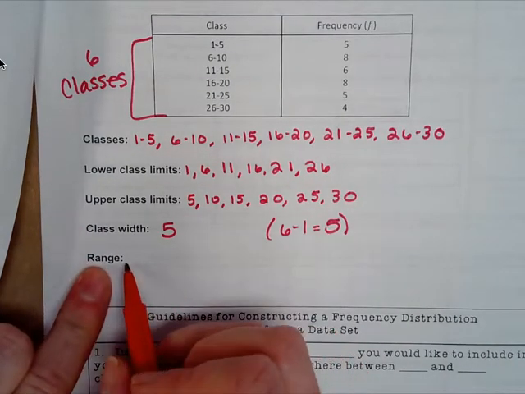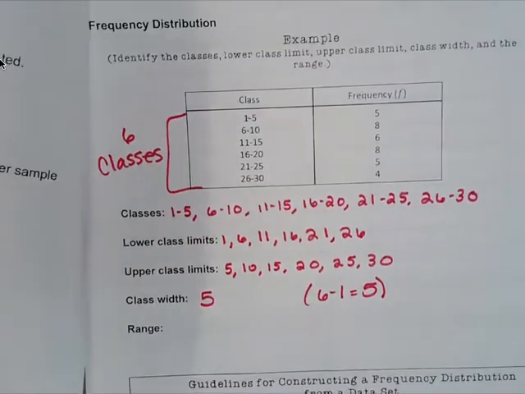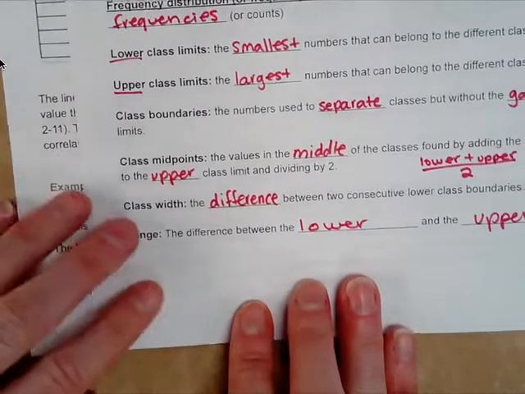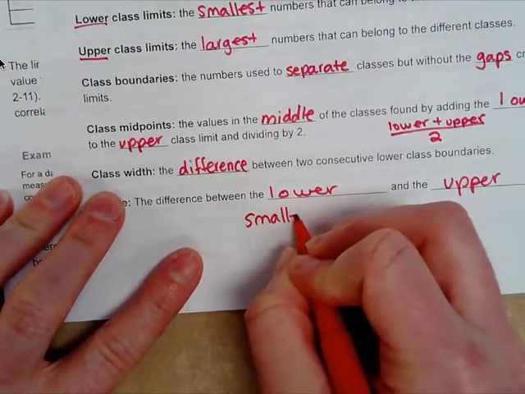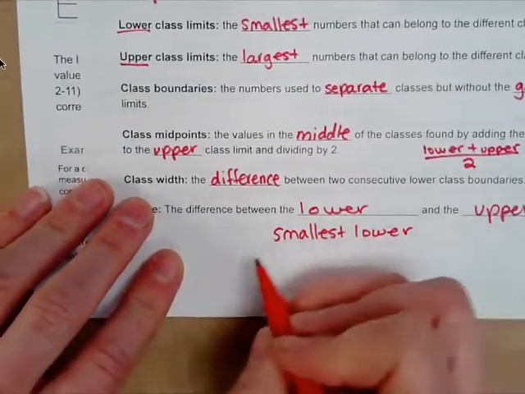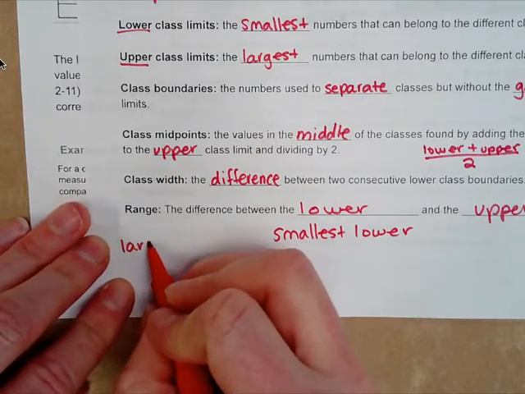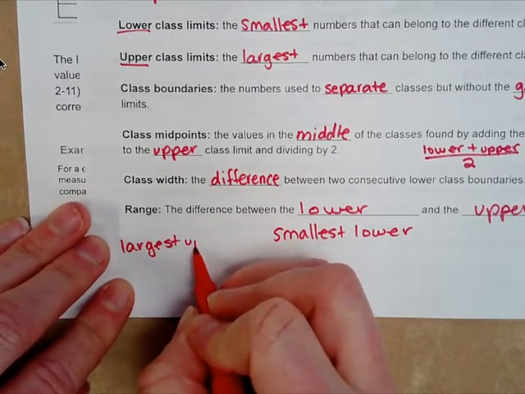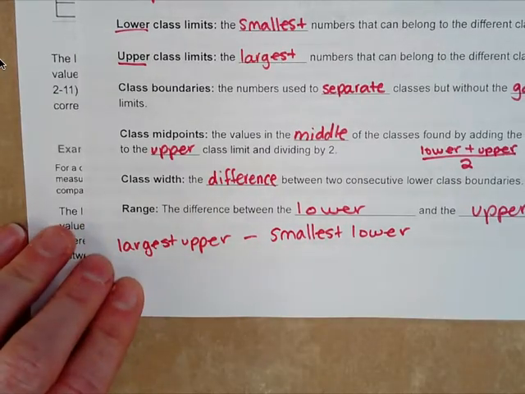Your range is actually between the lower and the upper limits. So what we want to find for our range is the largest upper minus the smallest lower. That'll get your range.